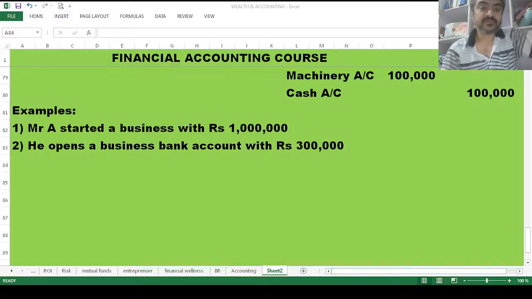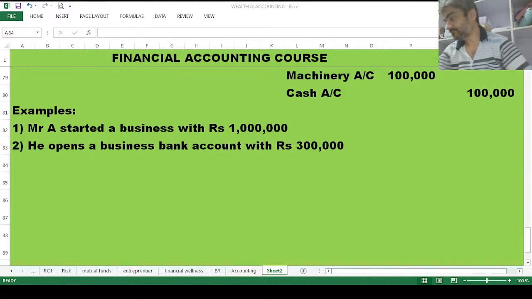This transaction also has two changes. Number one is decrease in cash balance of the business by rupees 30,000, and number two, increase in bank balance by rupees 30,000.